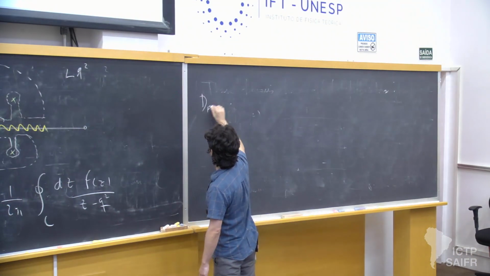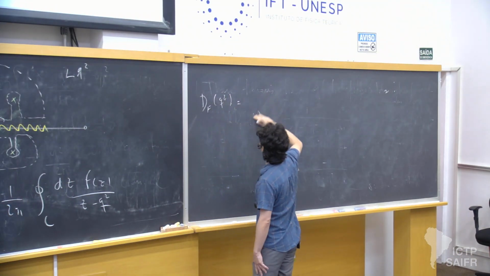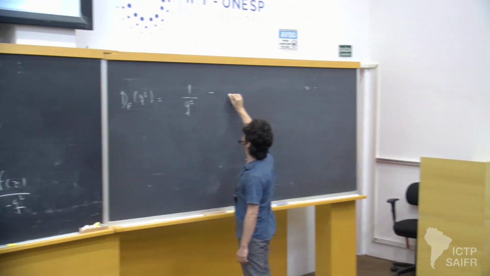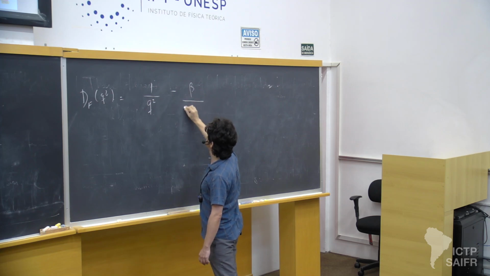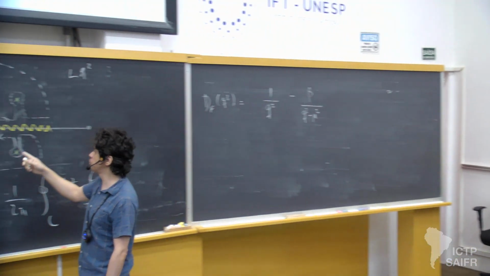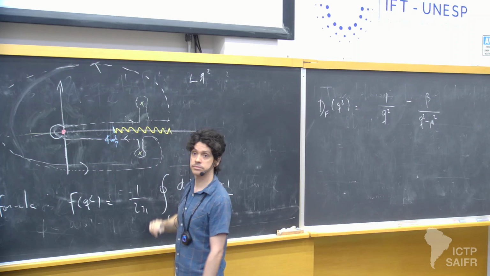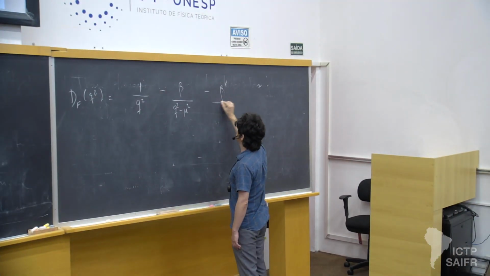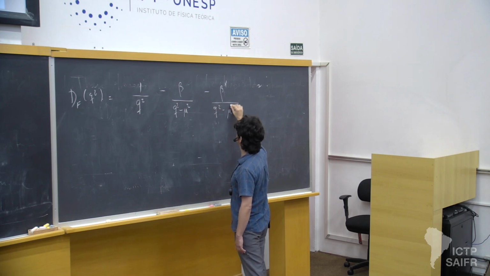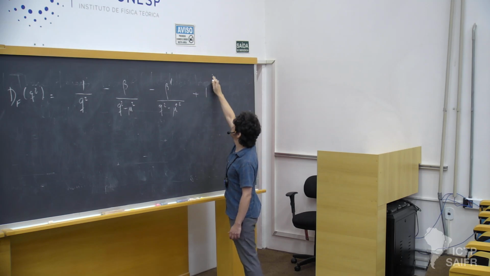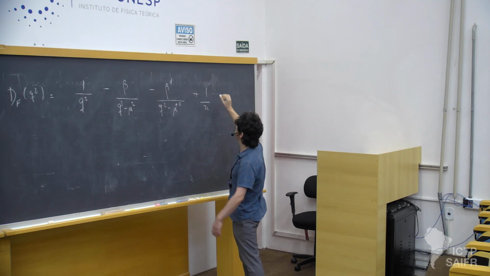So now your propagator can be written as a normal pole, right? Let's call it this pole with a residue. I'm going to just write it like this, where mu square is associated with this pole, plus the complex conjugated part, plus the part that encodes the information on the branch cut.